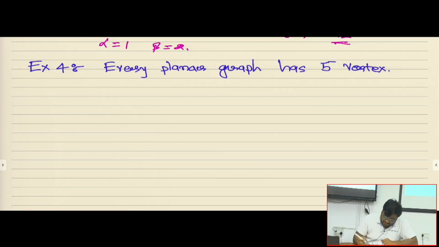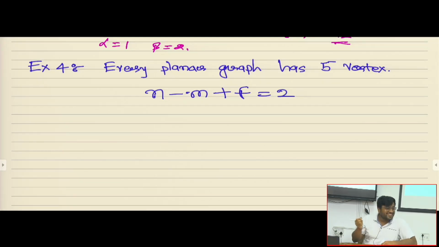So yeah, we have the Euler formula, that is n minus m plus f equals 2. I think it is correct, maybe. Yeah. And we know that the summation of the face lengths is equal to 2m. Okay.